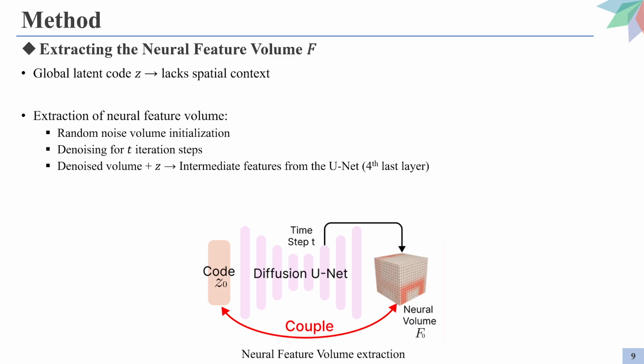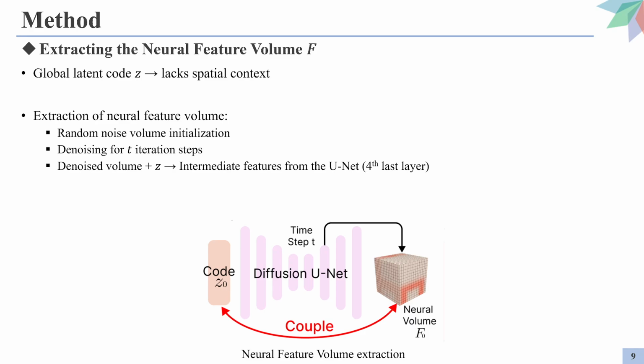And while the global latent code Z holds the semantic features of the input geometry, it lacks the spatial context required for editing operations. Therefore, we need to extract the neural feature volume F, the second and final component that comprises CNS. The extraction process is composed of three steps. First, we initialize a neural volume filled with random noise.